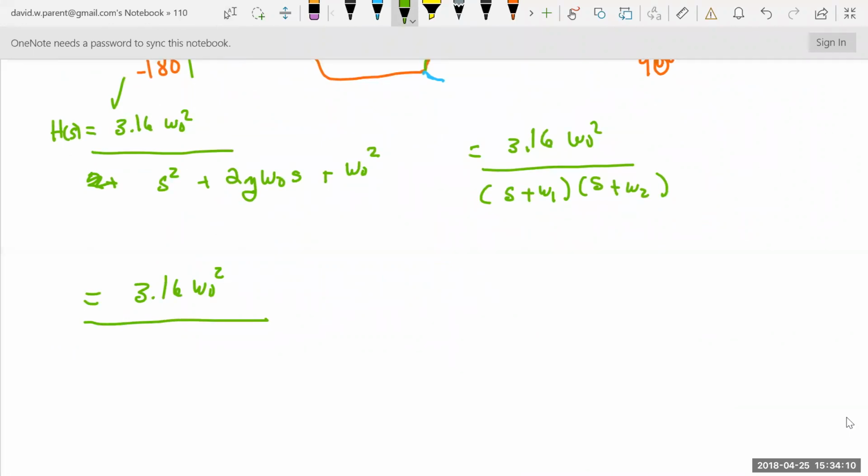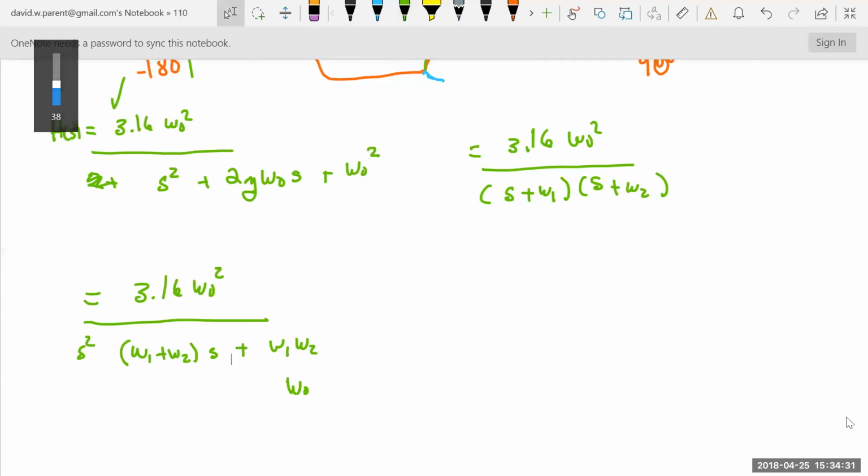Well, so really that's just S squared plus S times omega 1 plus omega 2, plus omega 1 omega 2. All right. And then you can see that that's omega naught squared. That's 2 delta omega naught.